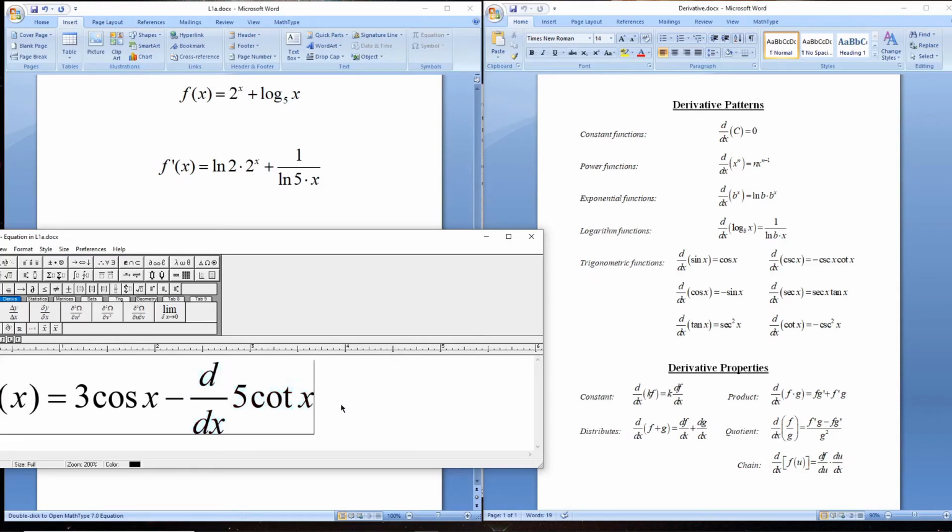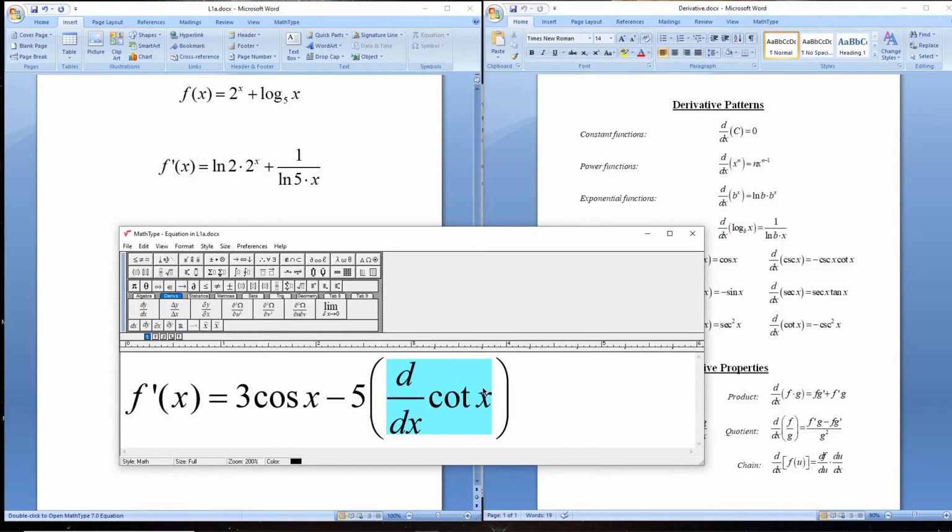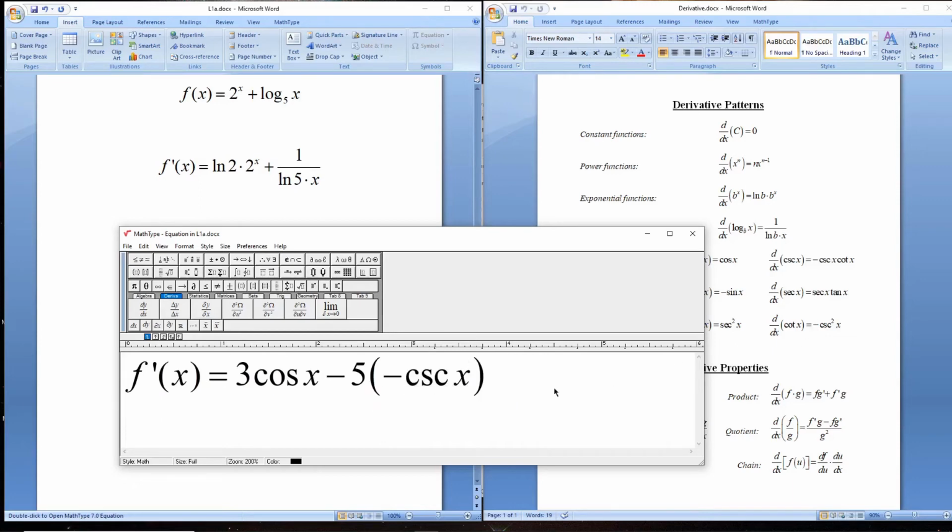So if we look at the next one, 5 is a constant factor. So we'll pull that outside the derivative. And now you haven't memorized what the derivative of cotangent is yet, so you'll go over here and look at the derivative patterns. And right here is the derivative of cotangent equals minus cosecant squared. And because there's a minus in there, let me throw a parentheses up. So the derivative of cotangent is minus cosecant squared.